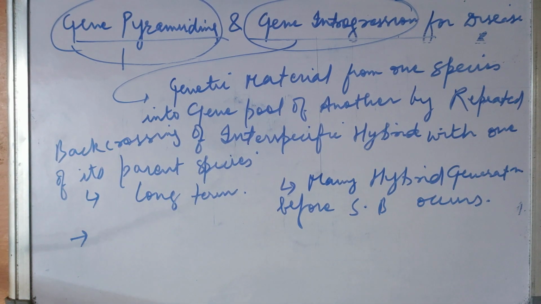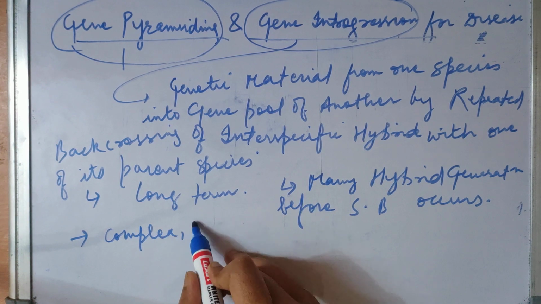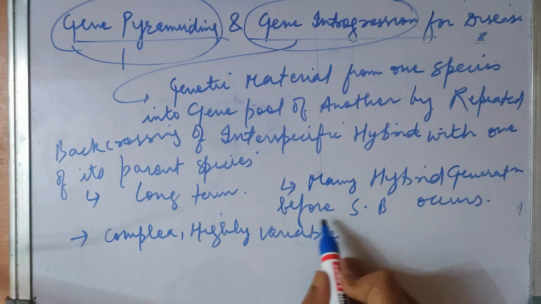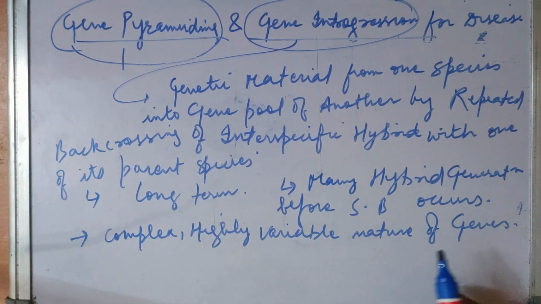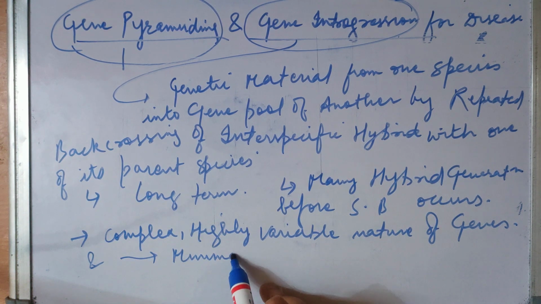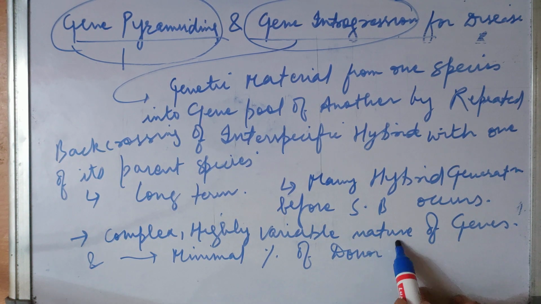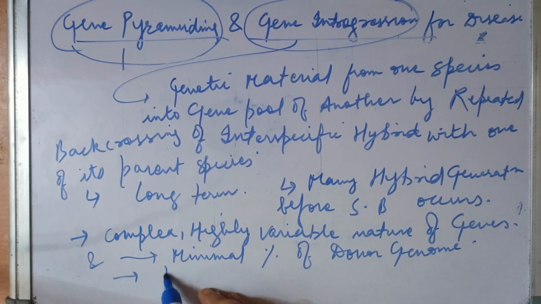It results in a complex, highly variable nature of genes and may only involve a minimum percent of the donor genome. It is significant and observed in several plants such as tomato.